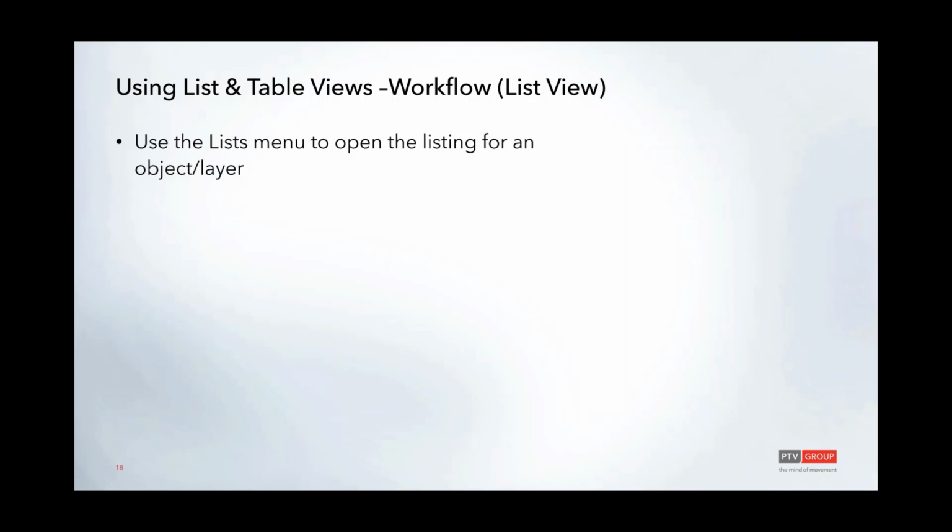First, we use the list menu to open the listing for the desired object or layer. Then we select the required attributes from the selection menu. So the attributes that you want to view, or the column names.